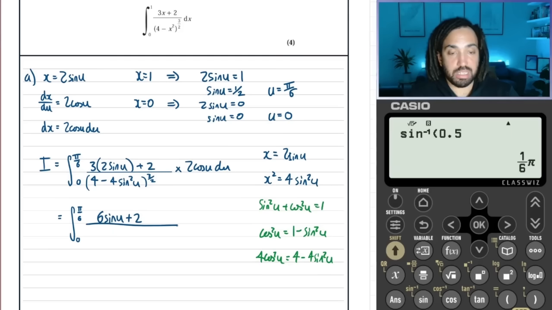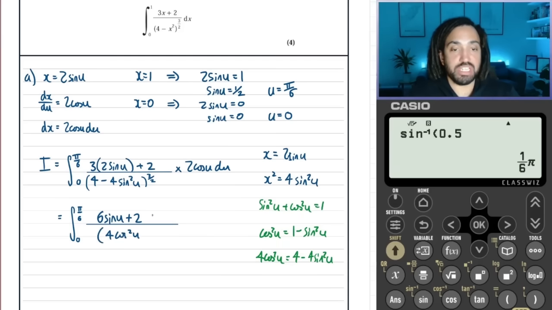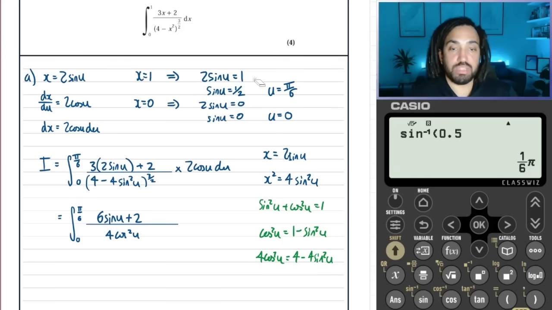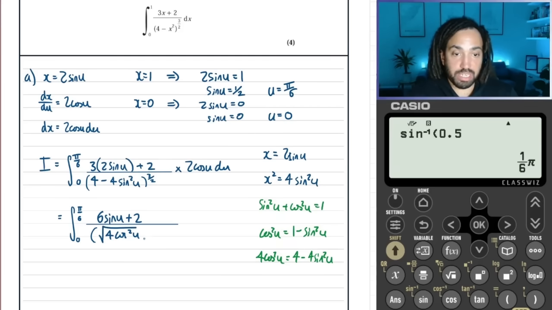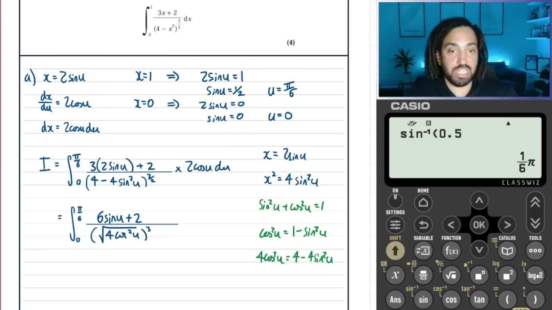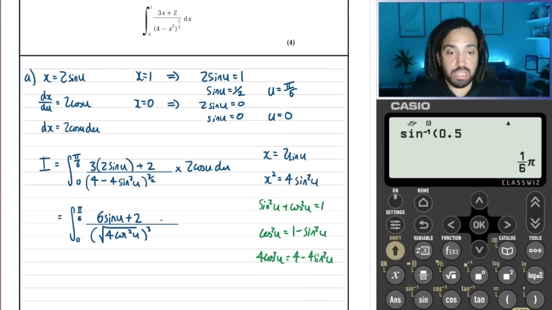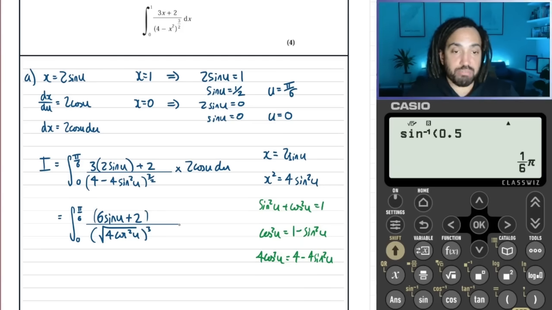And then on the denominator, we've now got 4 cos squared u, which needs to be raised to the power of 3 over 2, which is the same as doing the square root and then cubing, because the 2 on the bottom of the power means to square root, and then the 3 on the top means to cube. And then we need to put that in brackets because we're going to times that through by 2 cos u du.